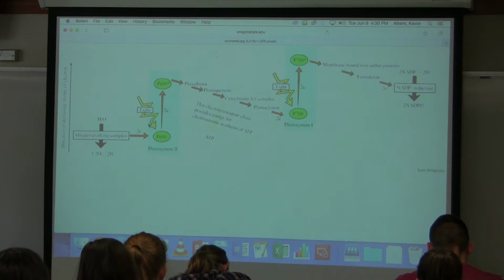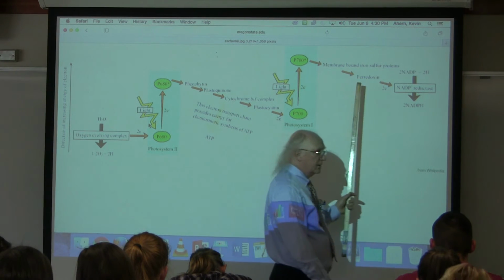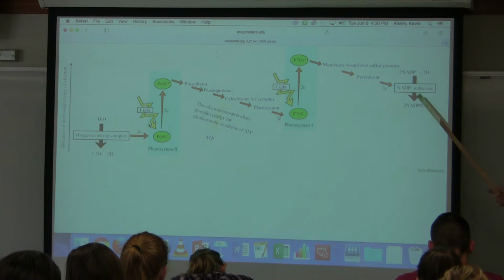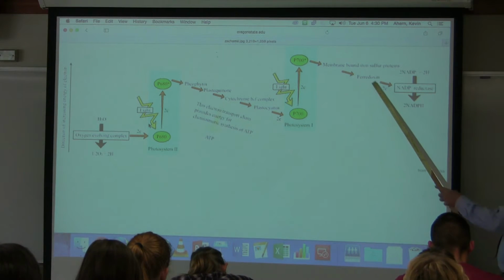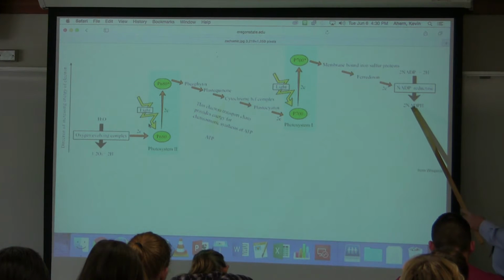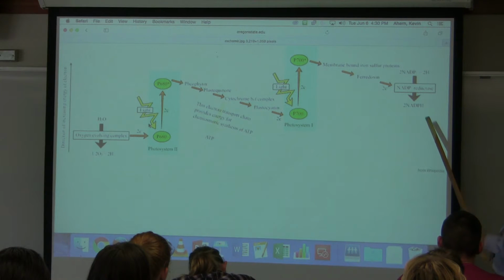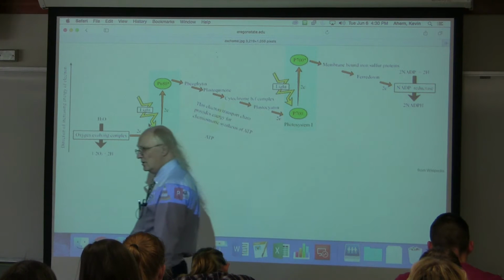Ferredoxin is the final place where the electrons end up before they reduce NADP. When the electrons reduce NADP at ferredoxin, and by the way, the enzyme that does this is called NADP reductase, the plant ends up with NADPH.